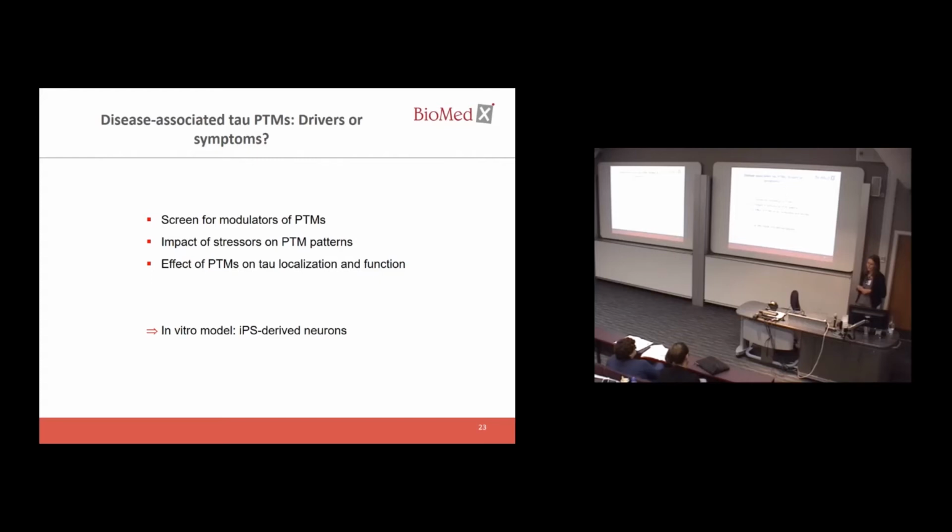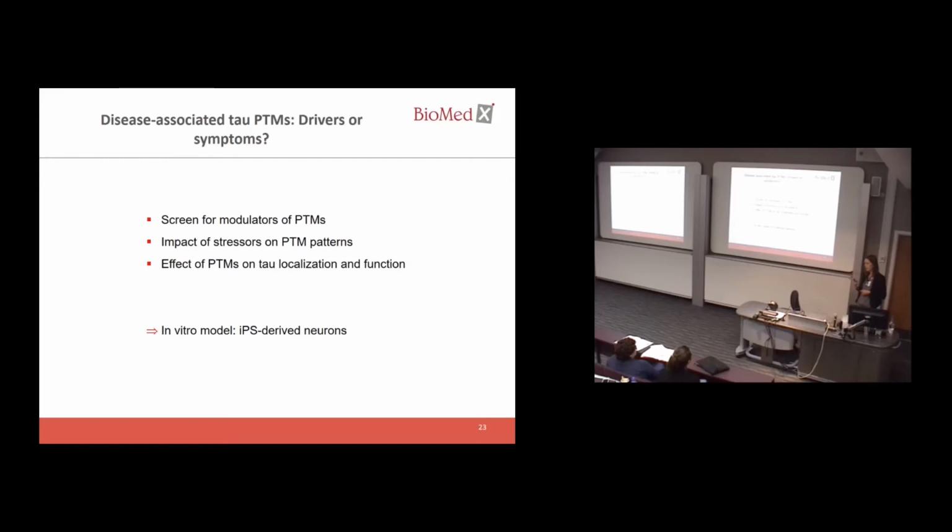And to culture human neurons in a dish, the state of the art is to use iPS-derived neurons. And we have set up iPS-derived neuron cultures and set out to do experiments to screen for modulators, to look at the impact of stressors, to look at the effect of PTMs on tau localization and function.